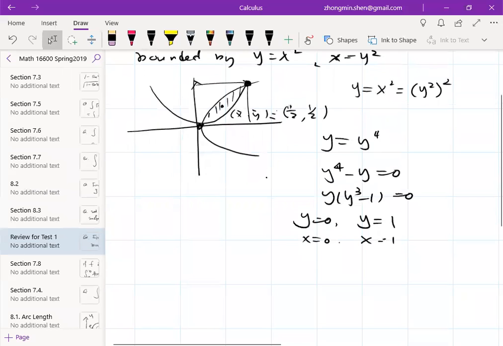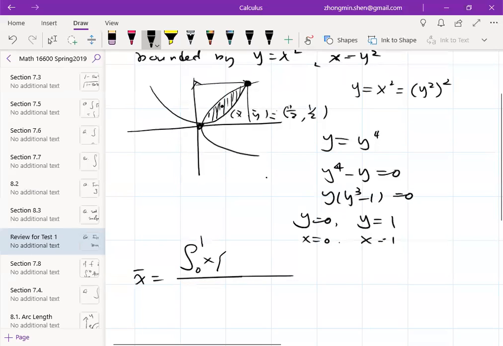The next step is to write down the formula for the x bar and the y bar. So x bar is going to be the integral from 0 to 1, because you're going to use vertical lines to set up the integrals, right?